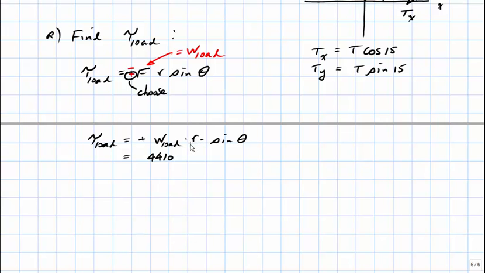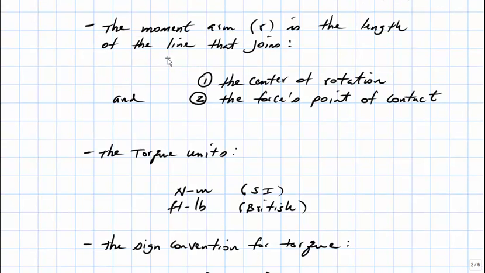The length of the moment arm needs to be determined as well. Now remember, the moment arm is the line segment that joins the center of rotation to the contact point of the force. We established this fact earlier. As you can see, the moment arm is the length of the line that joins the center of rotation to the force's point of contact.